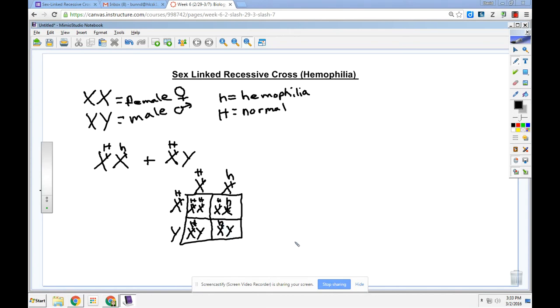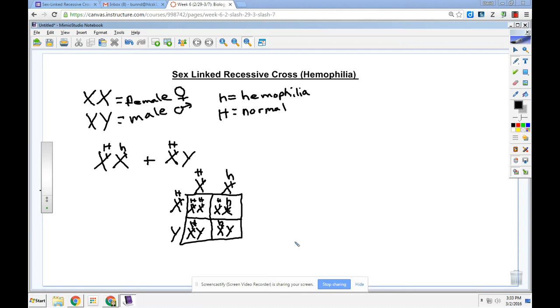Even though he only has one recessive allele, the problem is he doesn't have another X chromosome to cover it up. Therefore, he has hemophilia. So in this particular case, you would have 1/4 of the children being a completely normal female, 1/4 being a carrier female, 1/4 being a normal male, and 1/4 being a hemophiliac male.